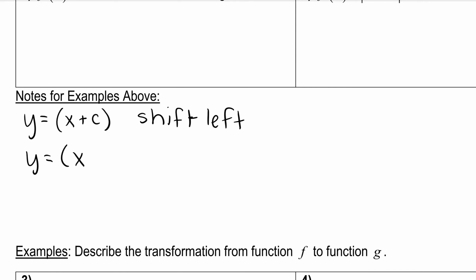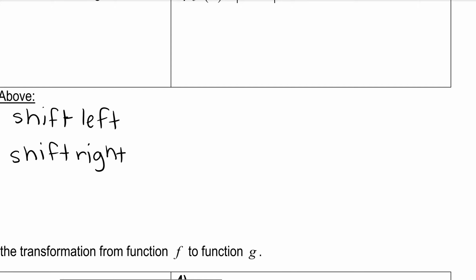Of course, if I do x minus some number, I'm going to shift right, just the opposite. So left and right has to be with x in parentheses, or it can be within absolute value if we have that.